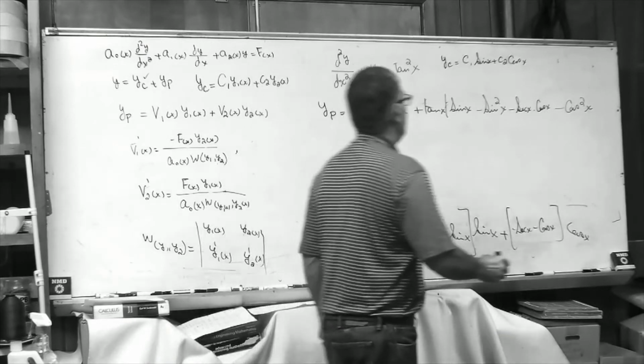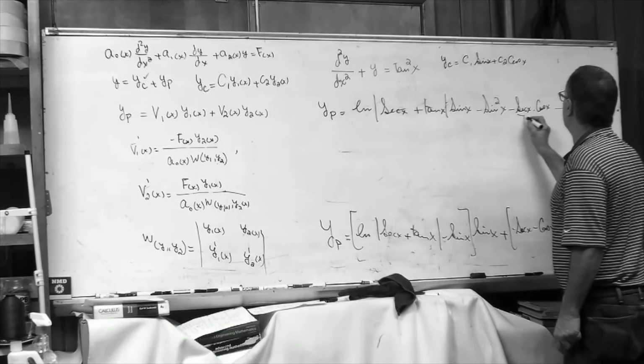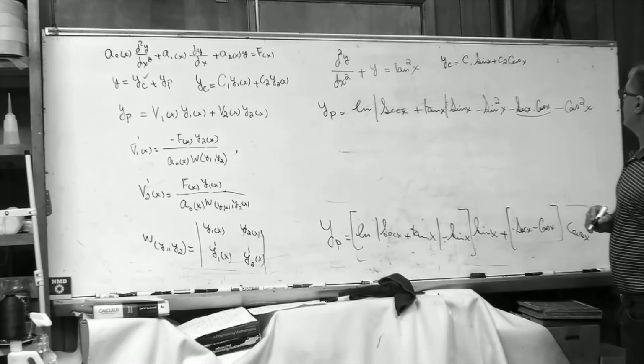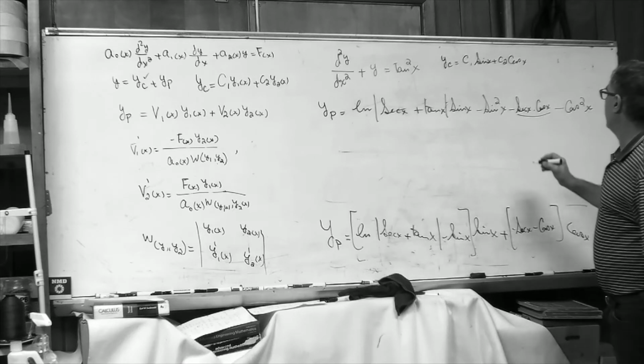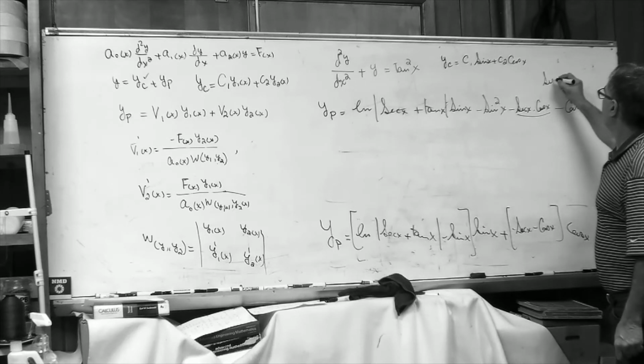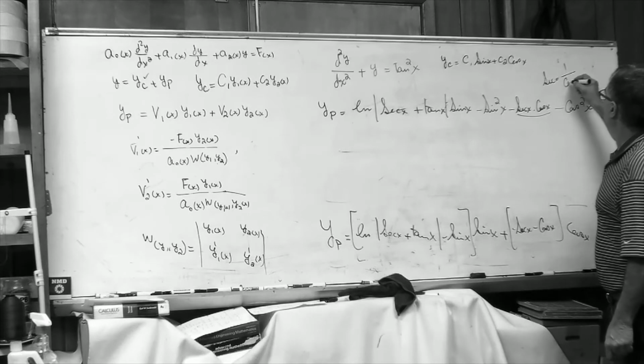Now we can simplify this. We know that secant x multiplied by cosine of x will be equal to 1, because secant by definition is equal to 1 over cosine of x.